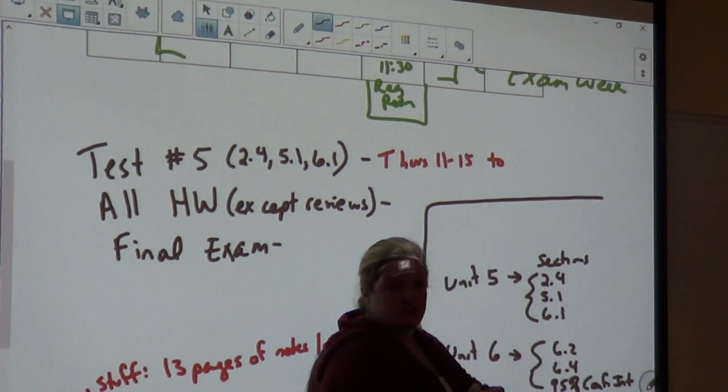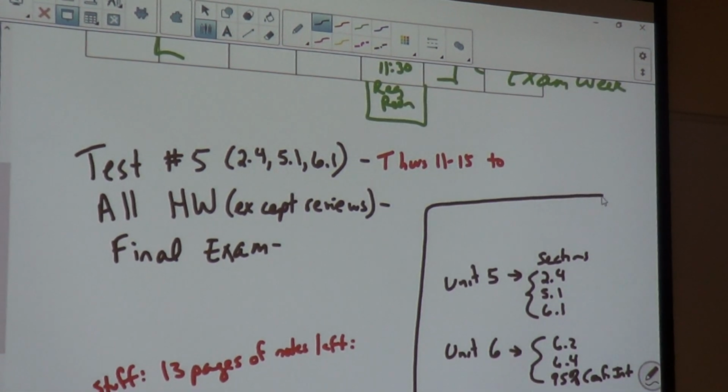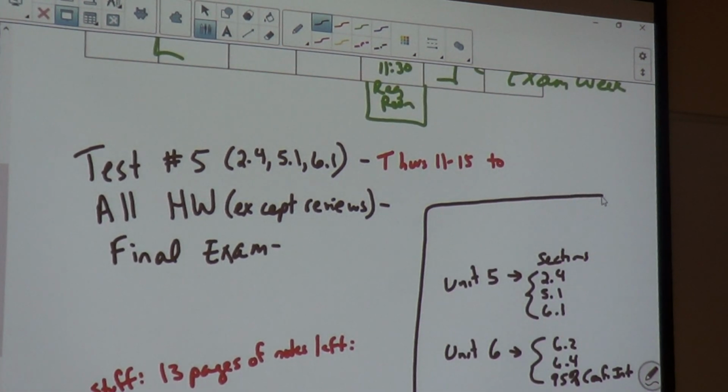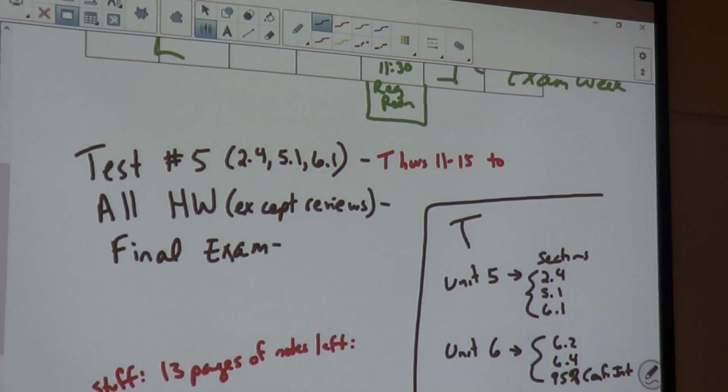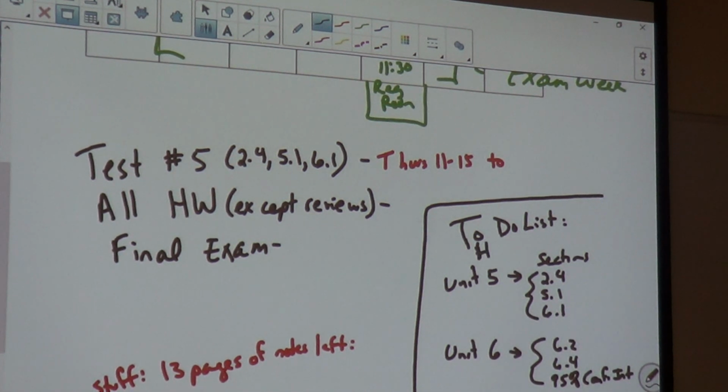Now, this is like your to-do list of what you have between now and the end of the semester. You have homework on all of those homework sections: 2.4, 5.1, 6.1, 6.2, 6.4, the 95%, and if there's any preview homeworks in there, okay?